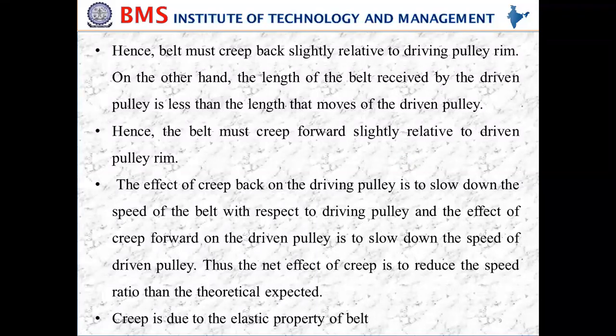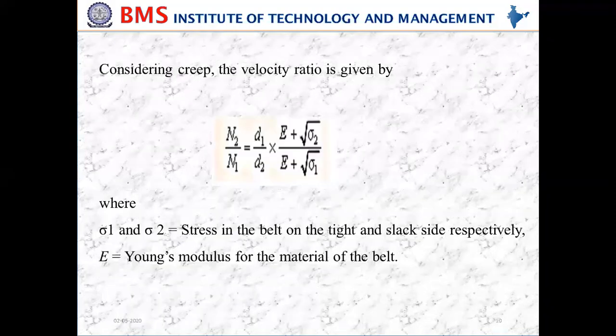Because of this unequal stretching, we get the effect of creep. So creep is due to the elastic property of the belt, whereas slip is because of the frictional grip between the belt and pulley. So these are the creep and slip phenomena in belt drives.